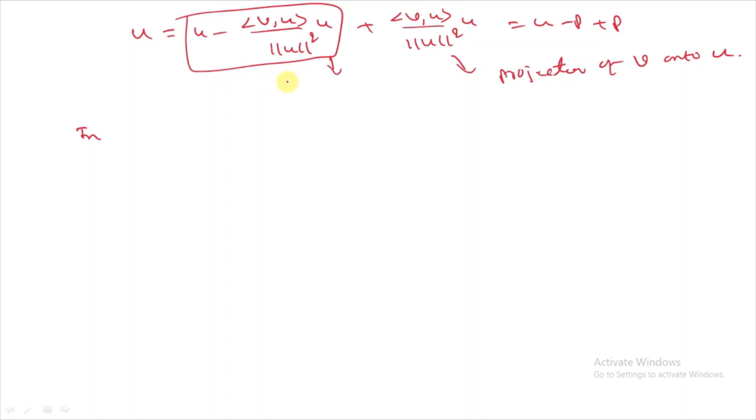This is the error vector, and we already know the error vector is orthogonal to the projection vector.